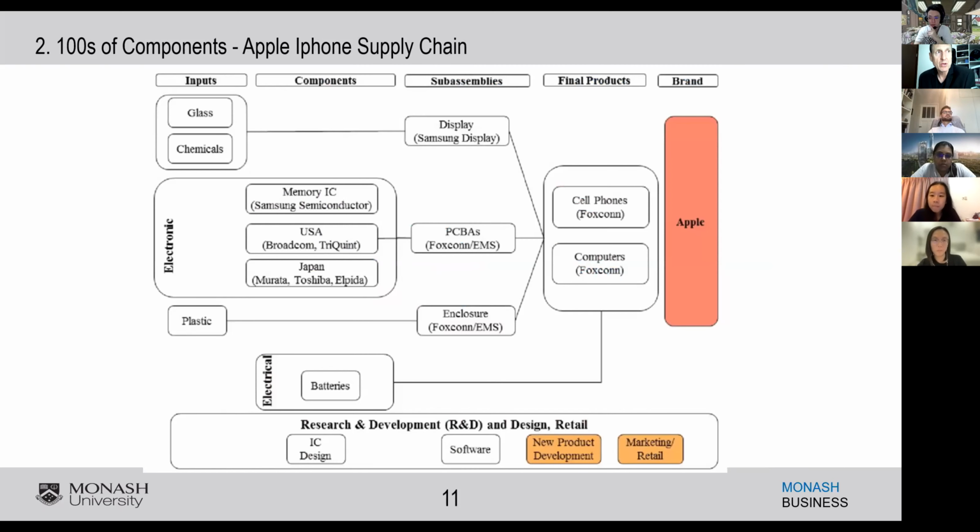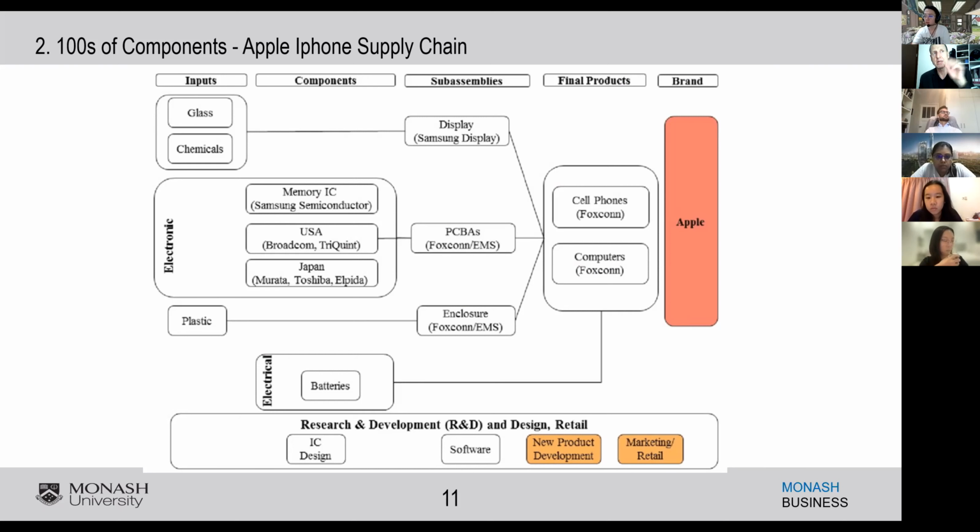If we look at the suppliers that go in for Apple, notice that Foxconn is the major assembler for Apple. You're probably thinking Apple just has one supplier, Foxconn. No, it has many assemblers that actually put components together. But it has literally hundreds of suppliers that supply components to these assemblers.